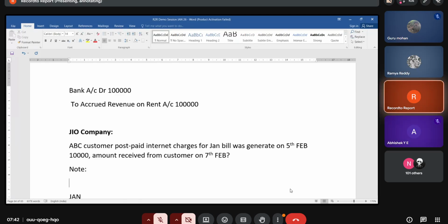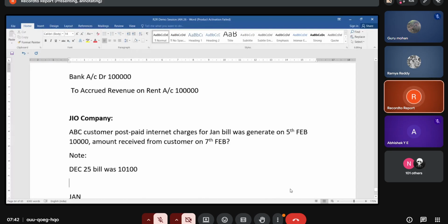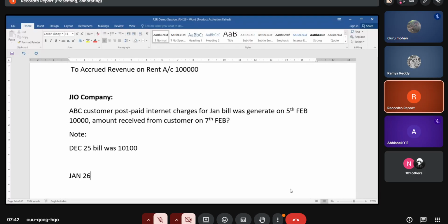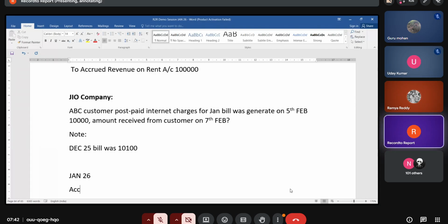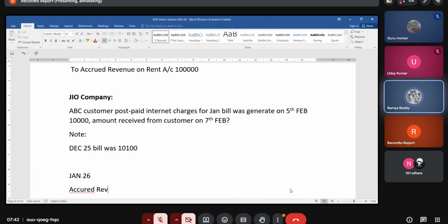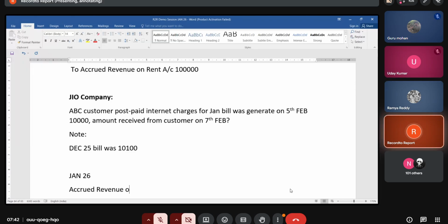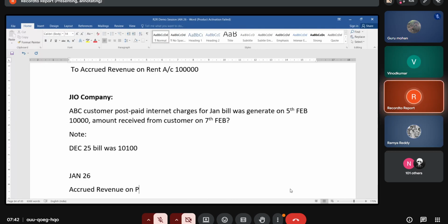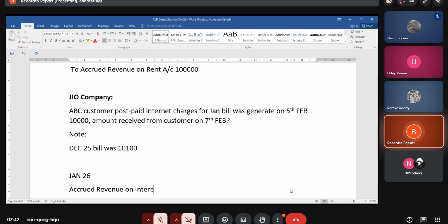So assume the December bill was 10,100 rupees. So what amount do we need to book here? 10,100. Accrued revenue on internet services.